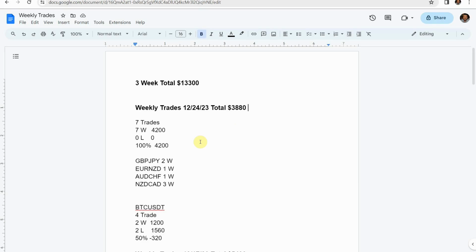And add that to the last 2 weeks, 3 weeks in a row, we've been profitable with a total of $13,300. Again, you can see how whenever I say you can make $18,000 in a month, it's not an exaggeration. You can see how this adds up very easily on just a few Forex pairs, 1 crypto coin, and taking just a few handfuls of trades each week. And so super profitable and again, very efficient.